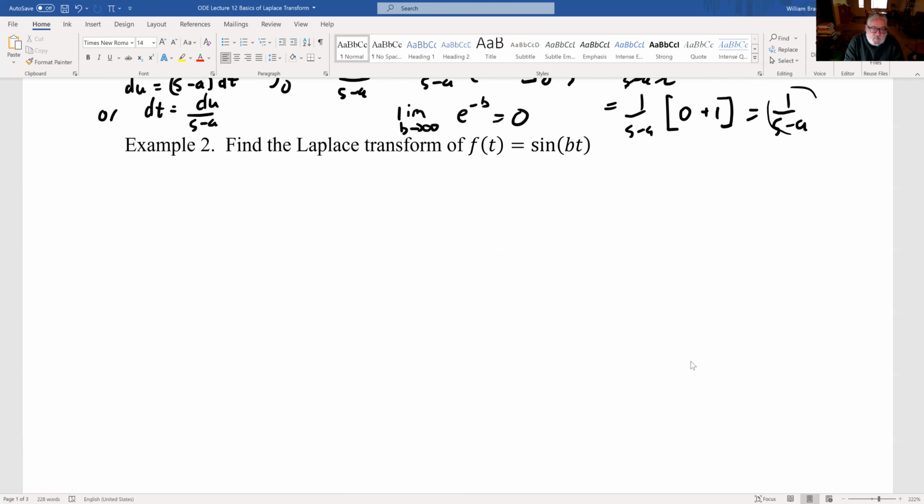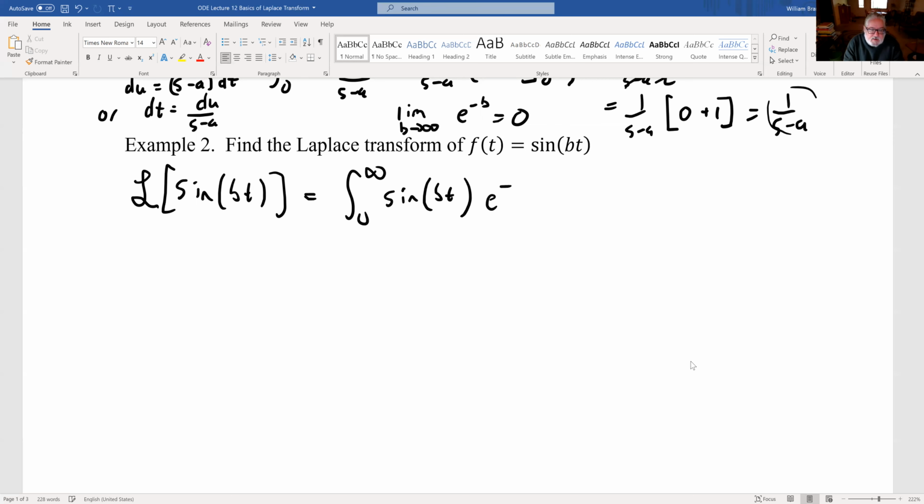What's the Laplace transform of f of t equals sine bt? Laplace transform of sine bt is equal to the integral from 0 to infinity of the function, which is sine bt, b is just a constant, e to the minus st dt. And what is that equal to?